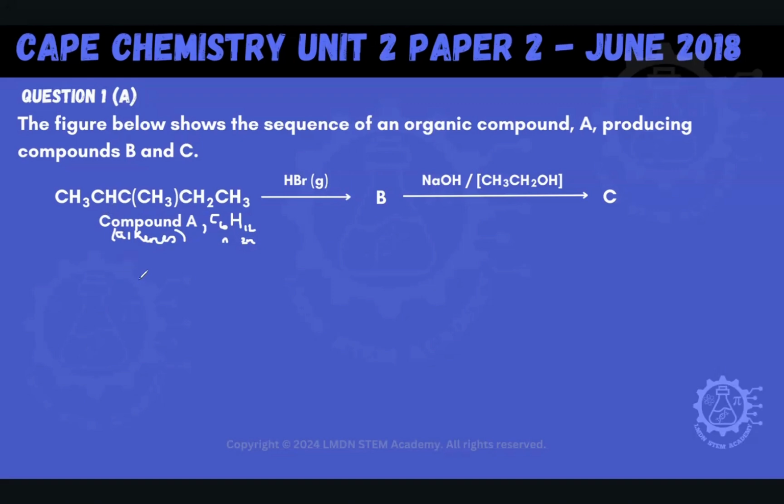So let's just draw that. We would draw C double bond C. I just drew these 2 carbons. This one is going to have an H on it, so I'm going to put an H up here. And then this one also has a methyl on it, so I'm going to put the methyl here. Okay. And then let's look at this other one now.